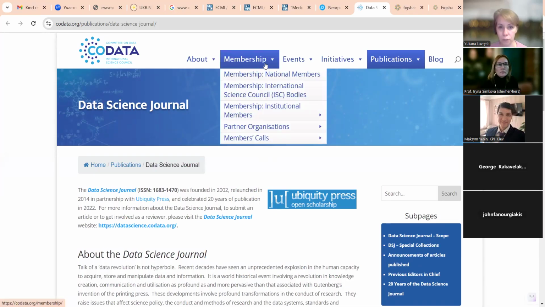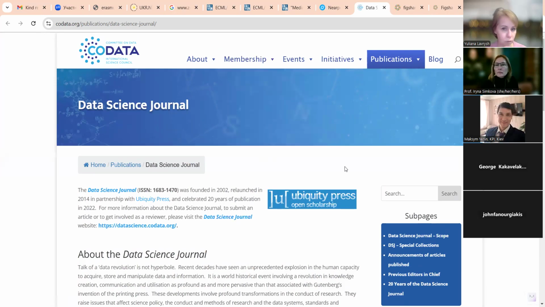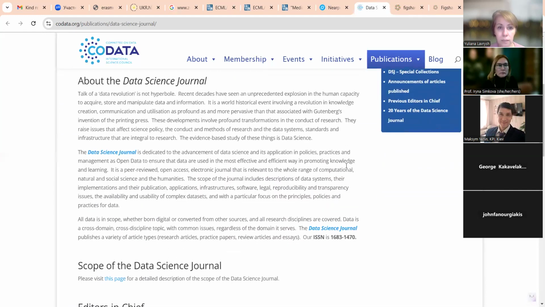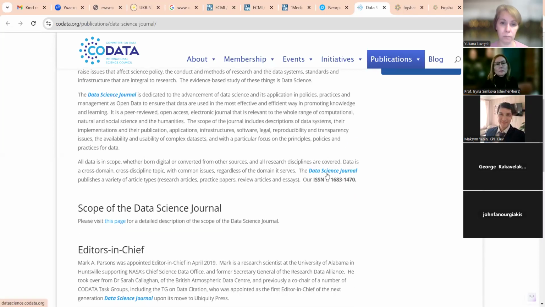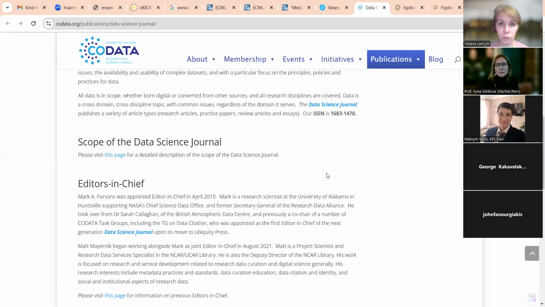Here is a membership with different plans and options, up to you and your organization or university. This journal allows you to find a lot of data sets, software, hardware which you need for your research, or upload your research, and maybe your editors will be satisfied with it.